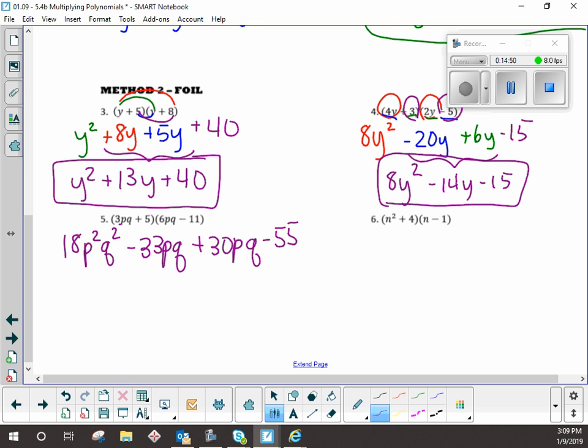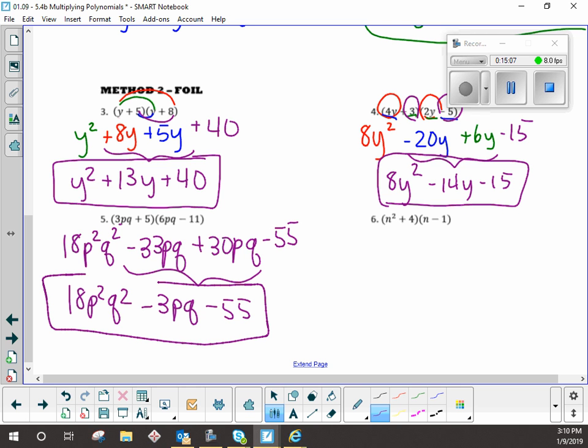And then the middle terms combine because they're like terms, right? They have the same variables, the same exponents. So what do I get when I do negative 33 plus 30? And then we bring down these other ones. Okay. Who got that one correct? Even though it's a little bit funky.